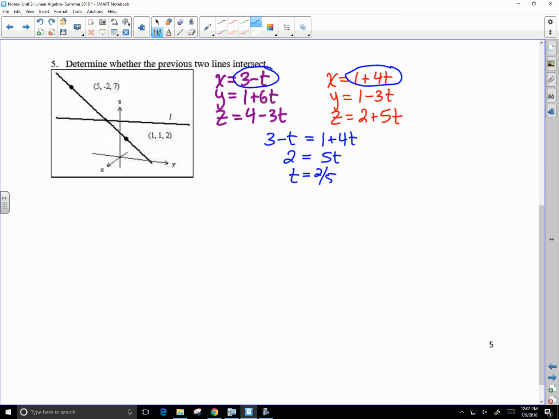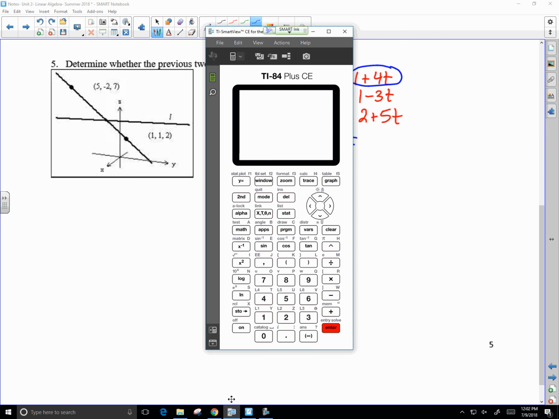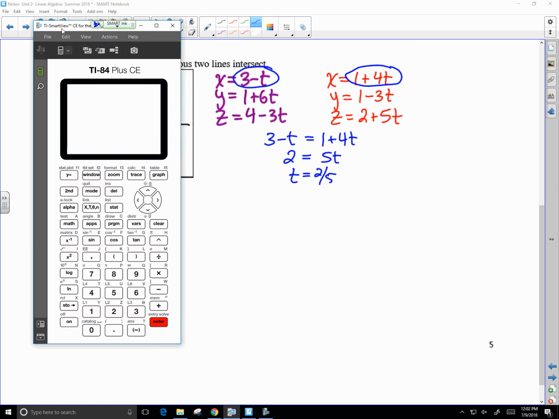And then all right, so then we would just have to test that out for the other equations to see if they would actually cause an intersection. I guess I could do it by hand, I just don't want to.